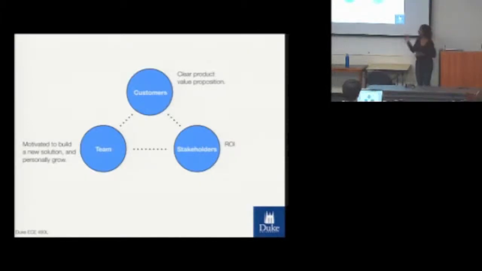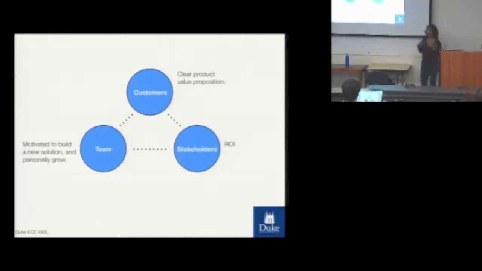So before we get into what the product roadmap is, we have to think about the 3 groups we have to appeal to as we build it. The first, obviously, are customers, right? What in our roadmap is going to convey that clear product and value proposition when we launch the prototype? The second is, how are we going to keep the teammates motivated, helping them grow?